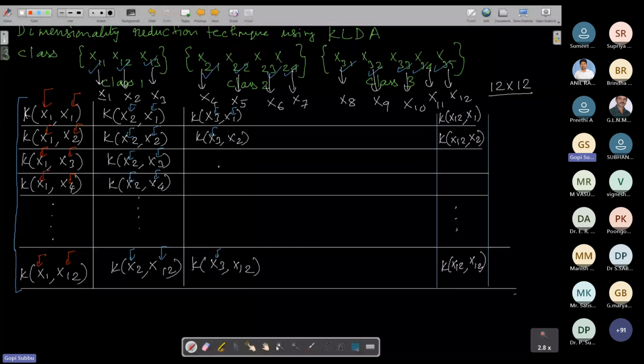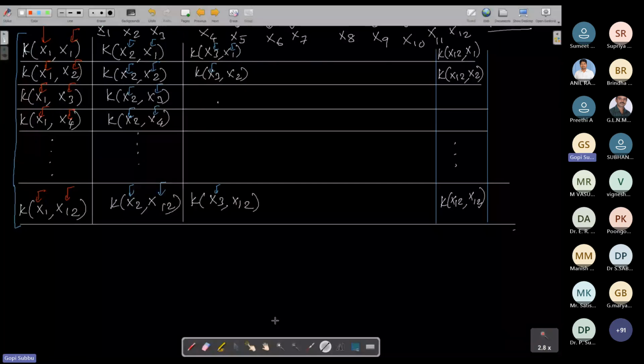So let us represent that matrix like this. Each column here. This is the first column, right? Second column, third column, fourth column, fifth, 6, 7, 8, 9, 10, 11, and 12. Remember that this is a matrix.